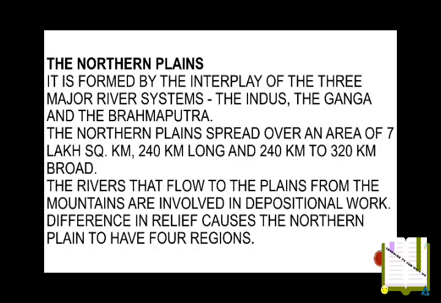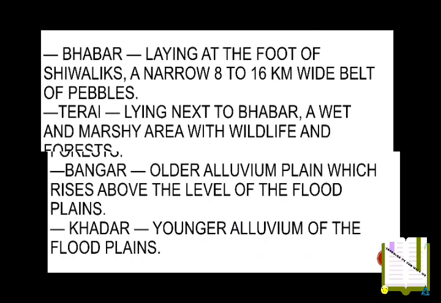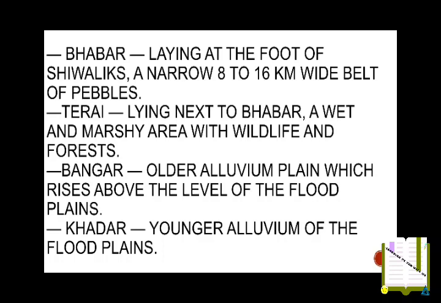Difference in relief causes the northern plains to have four regions. Bhabar, lying at the foot of Shivaliks, a narrow 8 to 16 km wide belt of pebbles. Terai, lying next to the Bhabar, a wet and marshy area with wildlife and forest. Bangar, older alluvium plain which rises above the level of the floodplains. Khadar, younger alluvium of the floodplains.